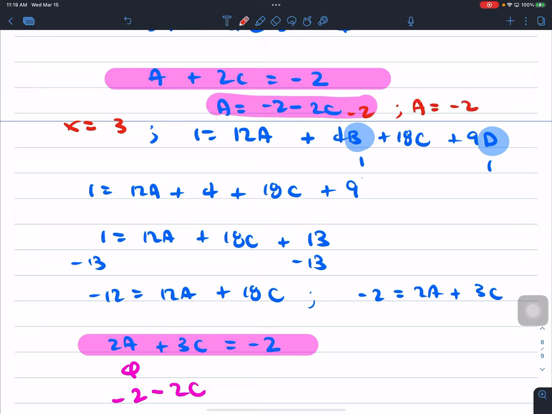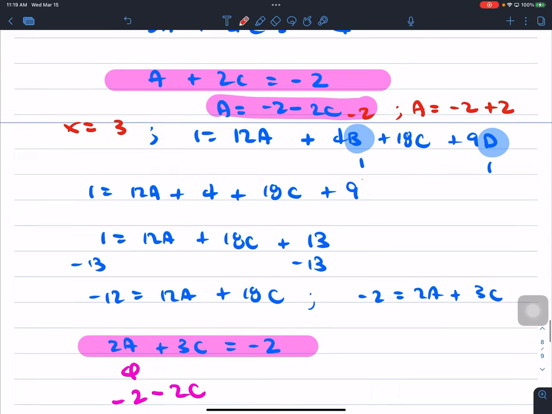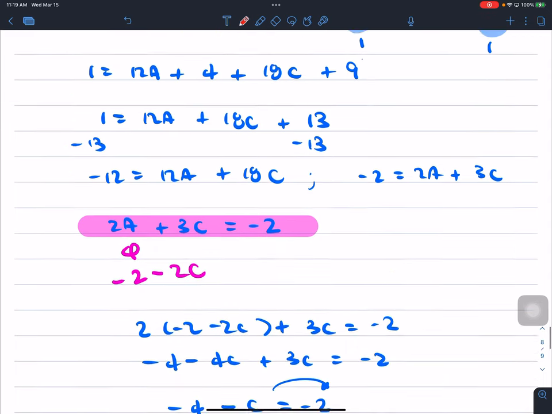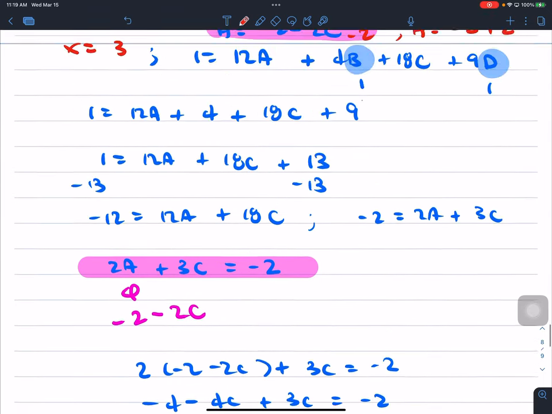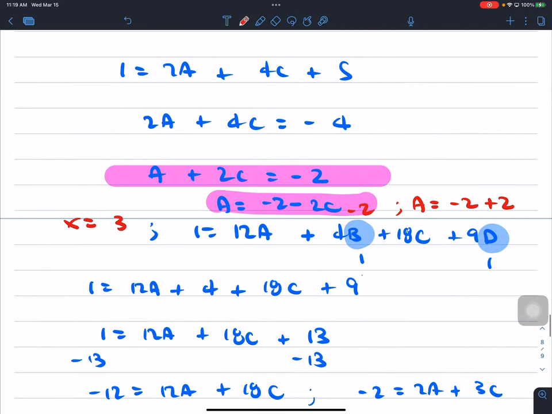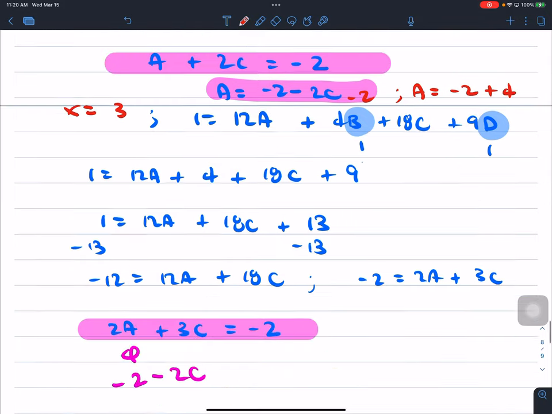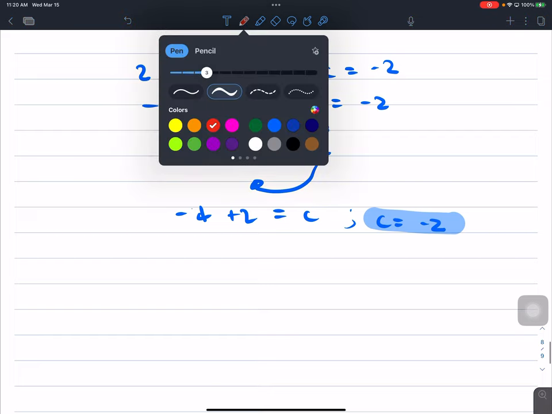A is negative 2 plus 2. Is that true? Double check. C is negative 2. Okay. A will be negative 2 plus 4. I apologize. My arithmetic is off. Negative 2 plus 4. What does it mean about A then? Then A has to be 2.